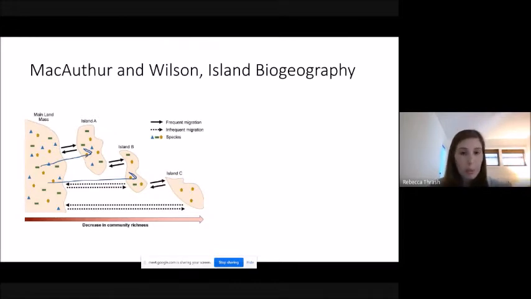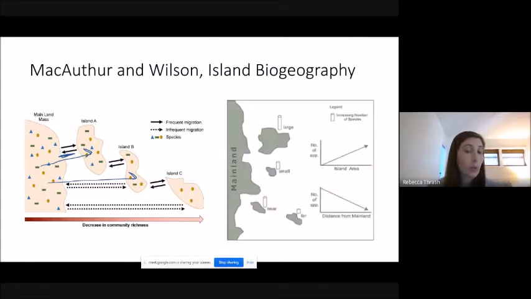So the probability of a creature successfully immigrating from the mainland to the island decreases as you increase the distance. Over time, this causes islands closer to the mainland to be more biodiverse than islands farther away.